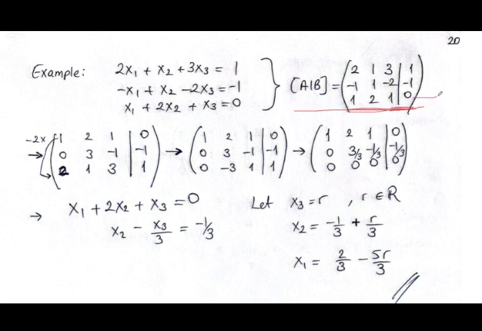So I can swap the first and the third rows with each other. So now this is my first row, and then this is my third row. And now I can start to do my operations.